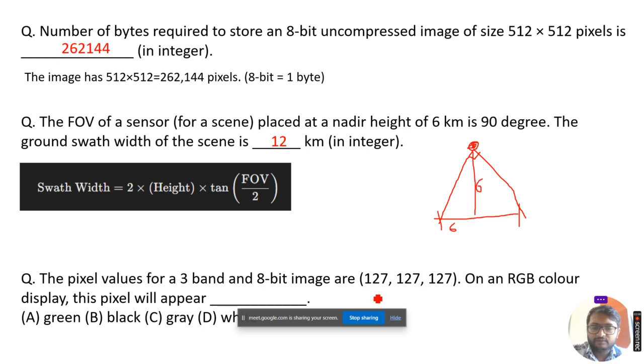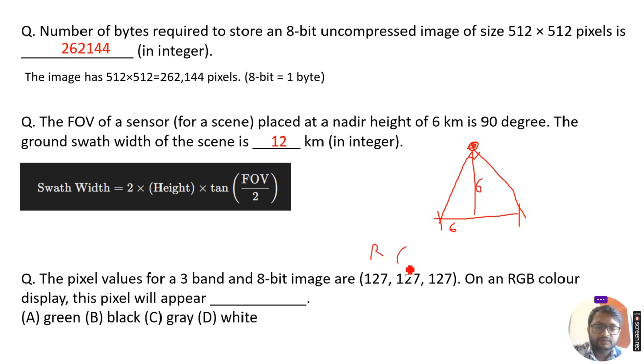Then the third question is: the pixel value for a three-band 8-bit image is 127, 127, 127, which are the RGB values. You have to say which color you will see. We know that if it is 255, 255, 255, we get white.